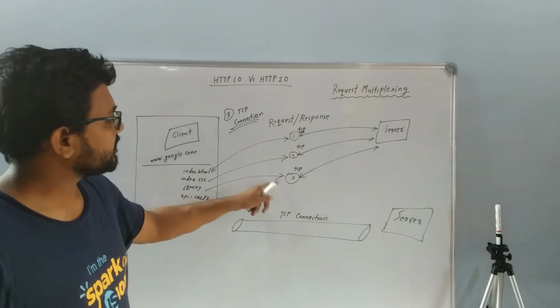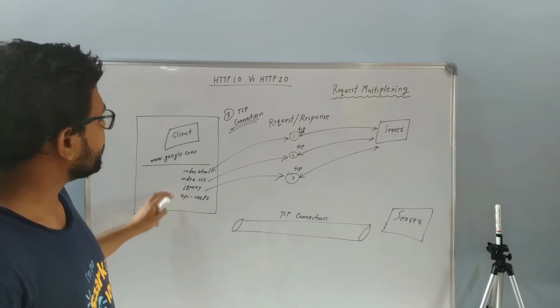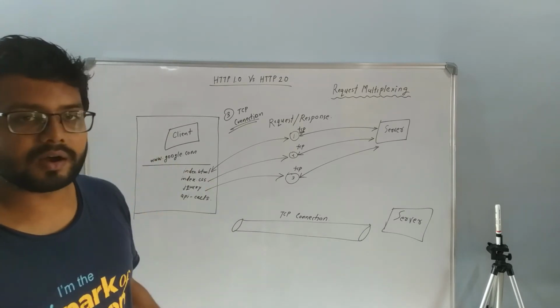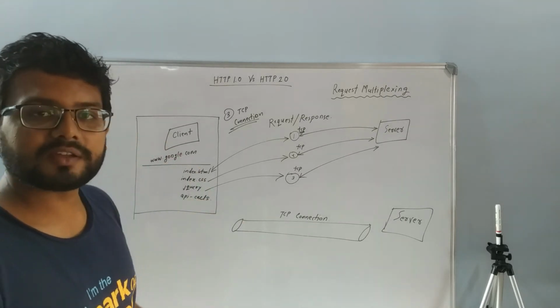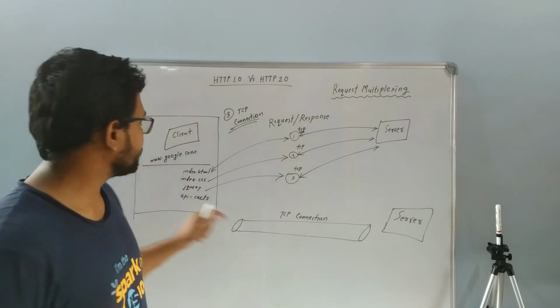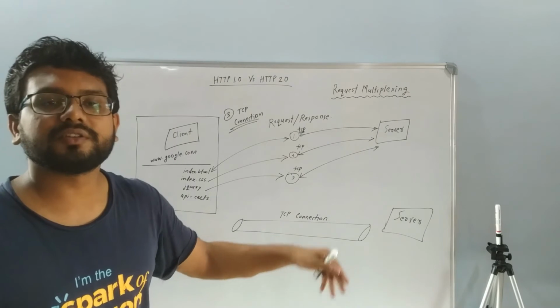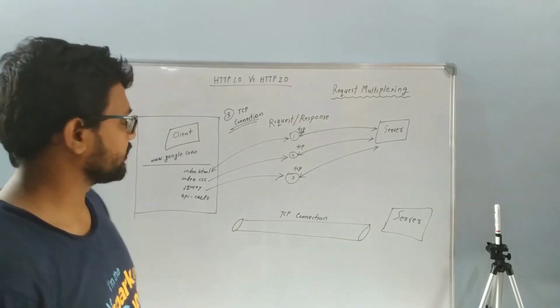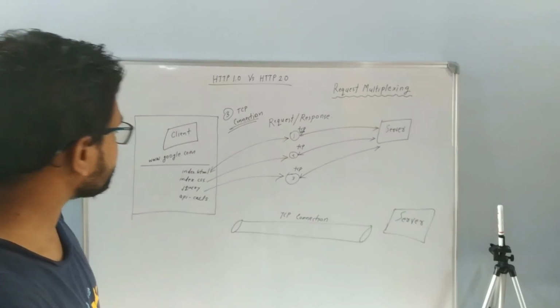Here the number of TCP connections is 3 for 3 resources. Here, no matter how many resources the client wants, only one TCP connection gets established between the client and server, and all the communication will happen through the single TCP connection. But there will be multiple HTTP requests.